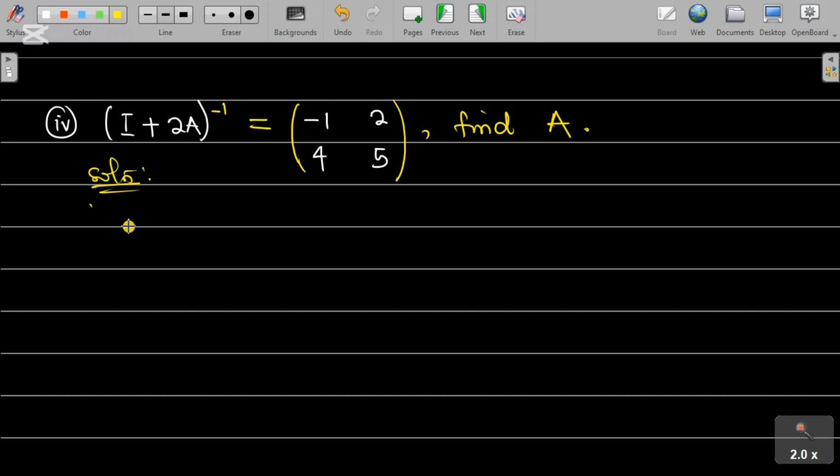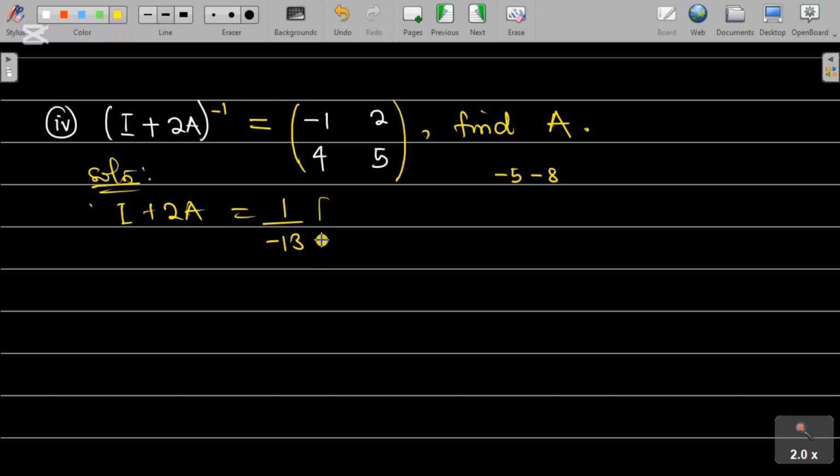To take the inverse of both sides, we are going to have that I plus 2A is now equal to this one coming over here, which will now become the inverse. The inverse of this is going to give us, of course, 1 over the magnitude, and the magnitude of this is going to be -5 minus 8, which is -13.